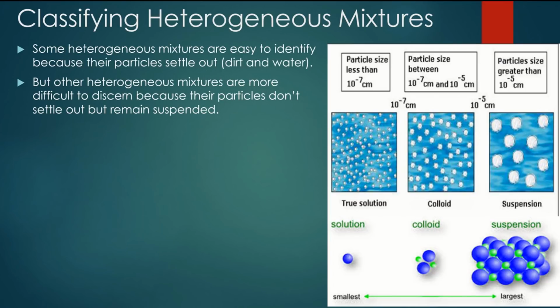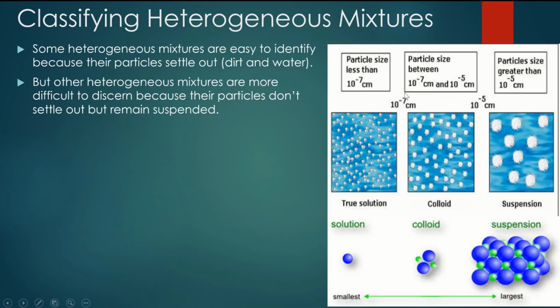Leave it to scientists to come out with a very exact definition, and sure enough, they have. Solutions technically have particles that are smaller than 10 to the negative 7th centimeters in size. That's incredibly small. That is 1/10 of a micrometer. So that's very, very, very small.